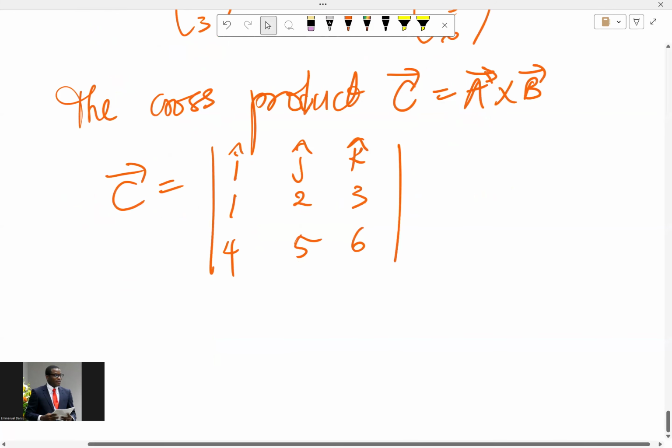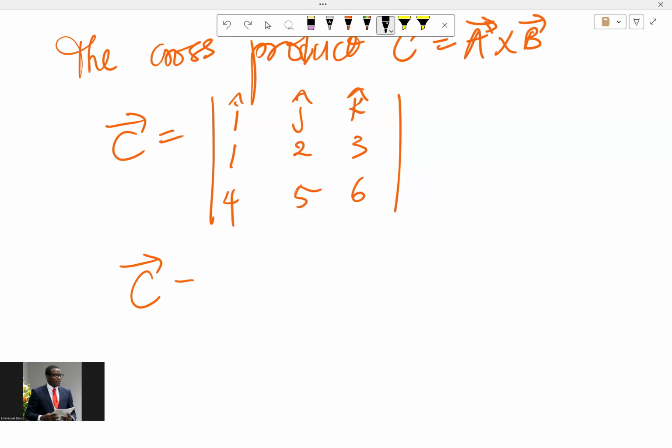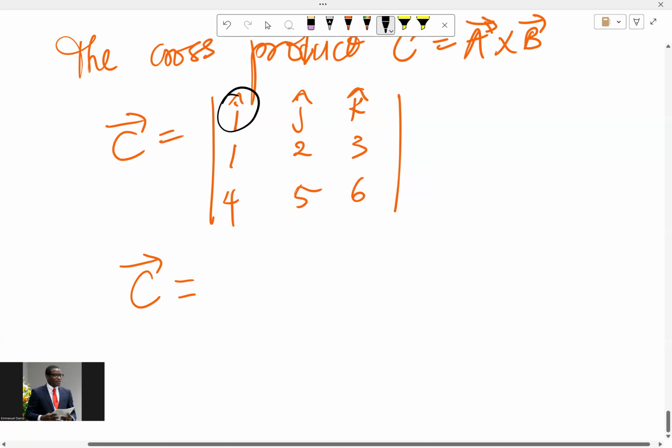And then if you expand the determinant, just like I said before, if you are considering I, cross the row, cross the column.